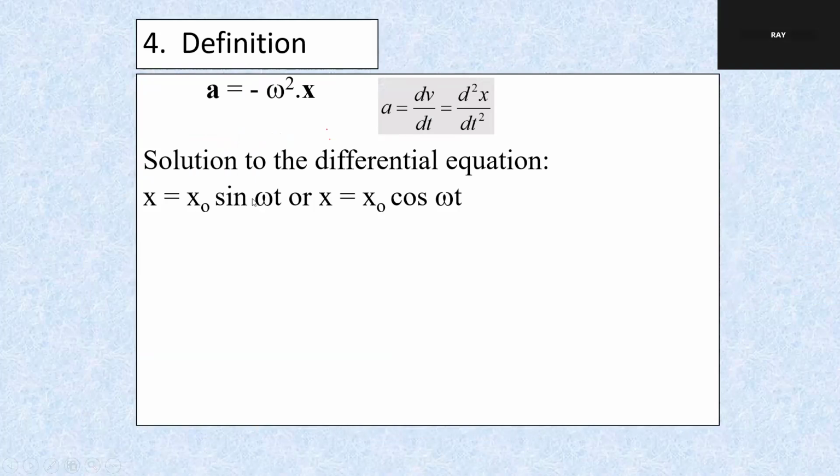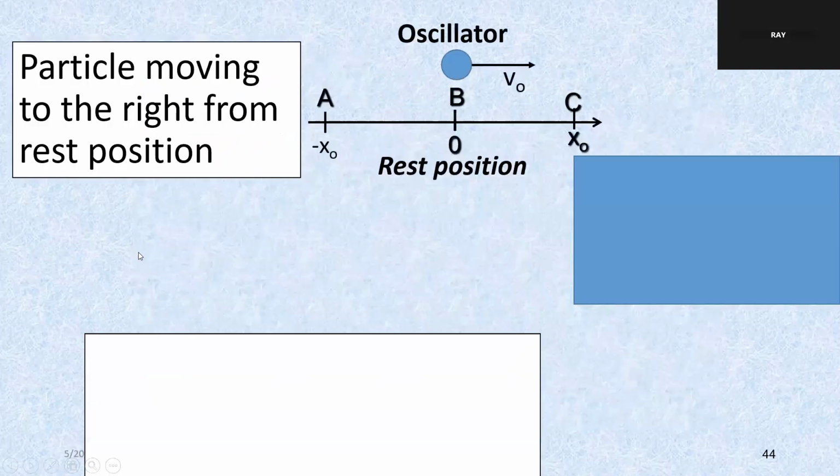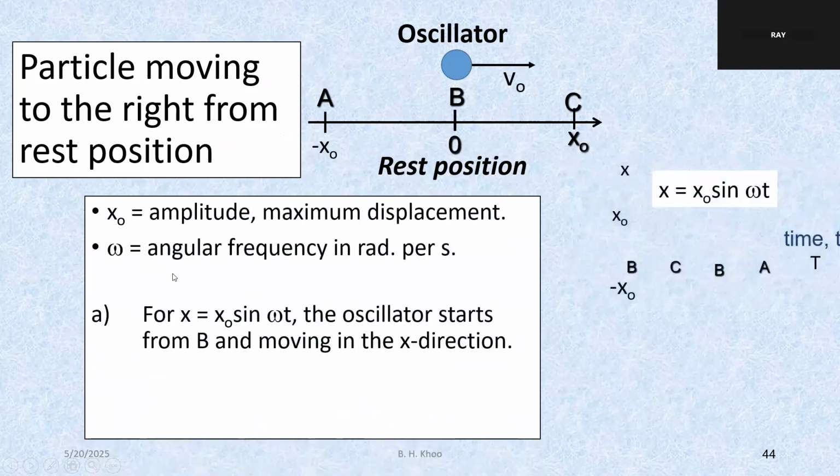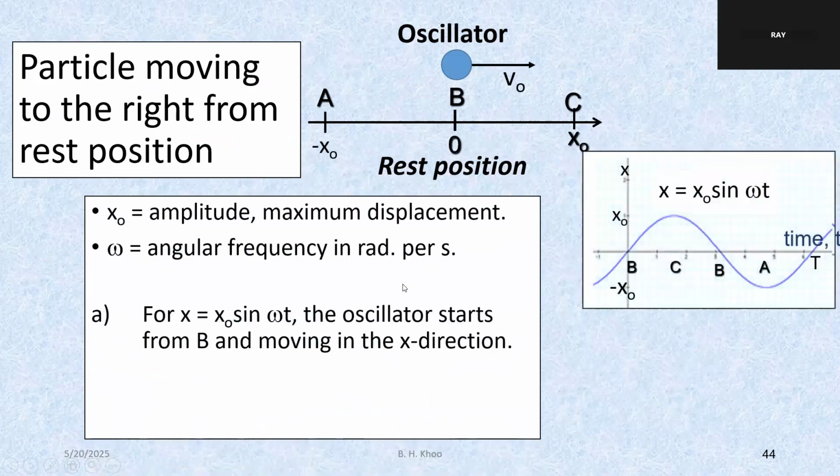You can differentiate two times and then you'll get it back this way. Not required for us. So that sine curve tells us that the oscillation starts from rest position and moves to the right.